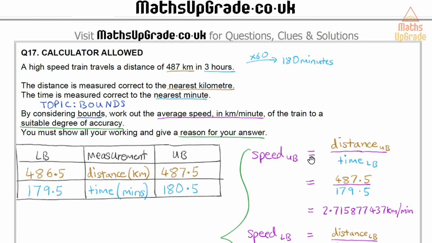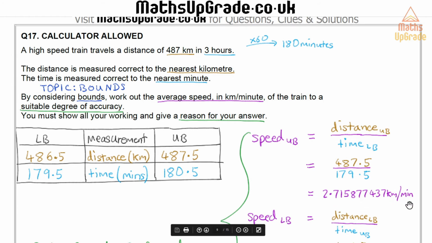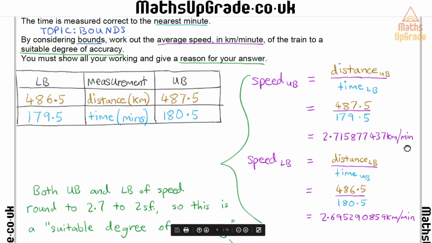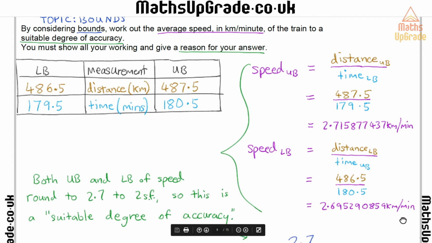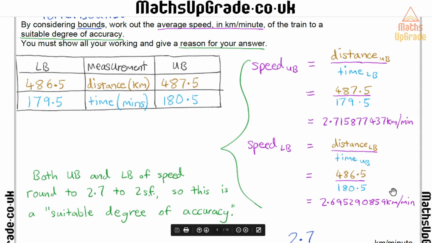The upper bound of the distance is 487.5 and the lower bound of the time is 179.5. Dividing those through, I get that decimal there. In a similar fashion, the lower bound of the speed is given by the lower bound of the distance divided by the upper bound of the time. From the table, dividing those values through, I get this decimal here. Both these values are in kilometers per minute, which is what I need.